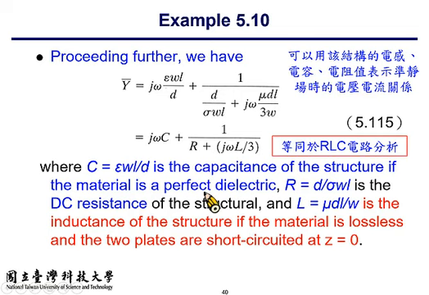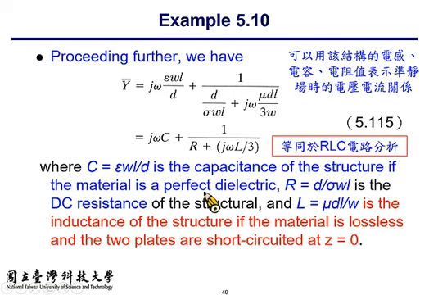So overall speaking, the relationship between the current and voltage can also be rewritten as the relationship of admittance Y of the structure, is in the form of J omega C plus 1 over R plus J omega L divided by C.